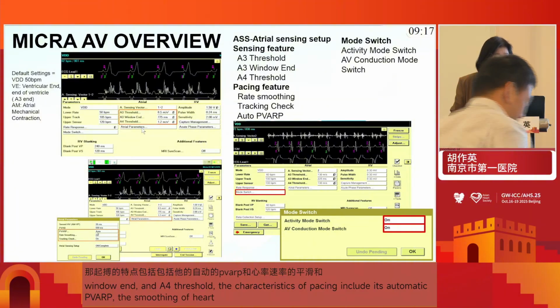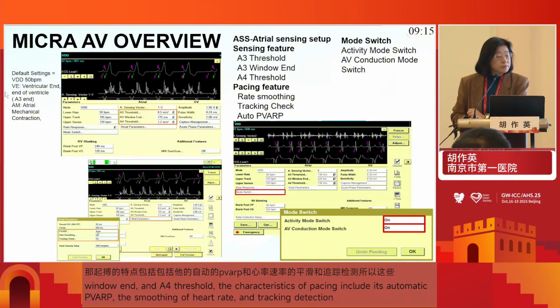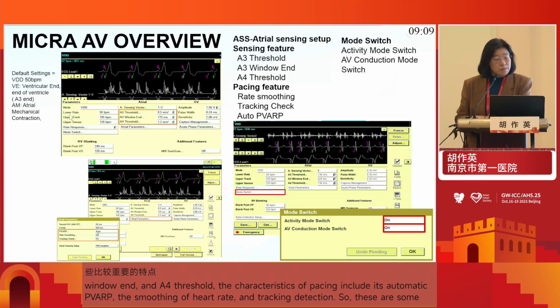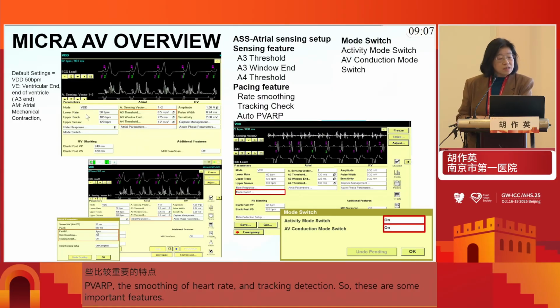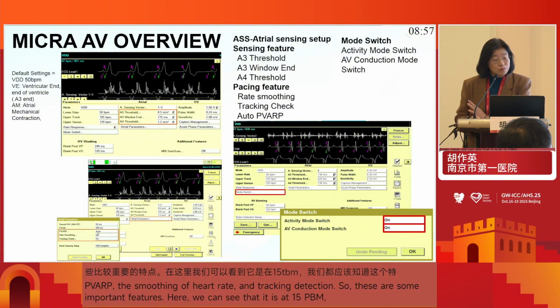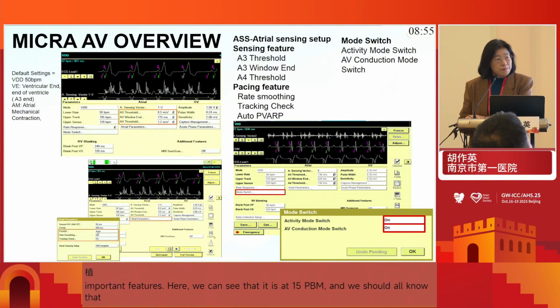features on these screens. The default of the Micra AV setup in VDD, the lower rate is 15 ppm. We should know that after the pacemaker is implanted, the monitor will show only 15 ppm.